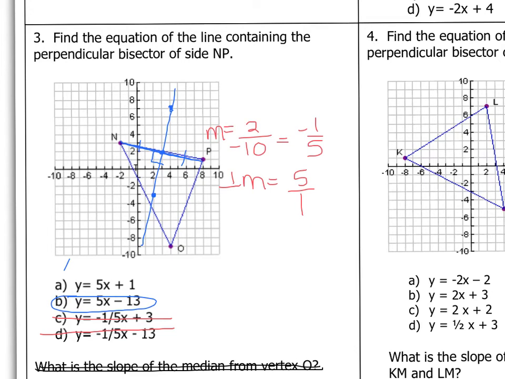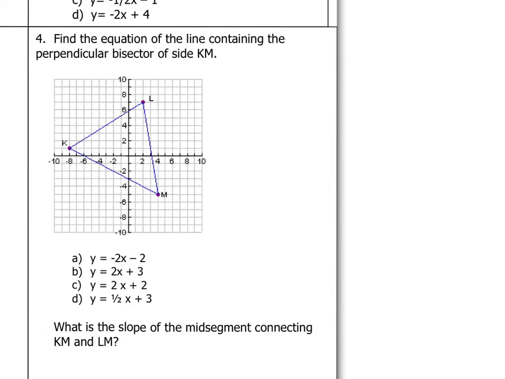All right, one more. Find the equation of the line containing the perpendicular bisector of side KM. So here's KM. Okay, so we know here we have to find the slope of KM. So let's count that.